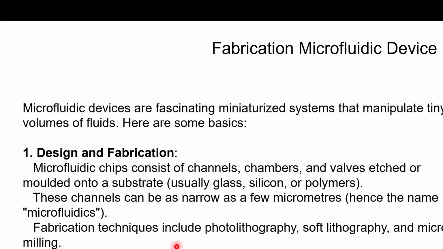Just now I told you the focus, reactive, etching and all. Okay, so maybe I'll discuss the design and fabrication in the next section properly. It can be a very detailed topic. So I'll discuss this in the next class, okay?